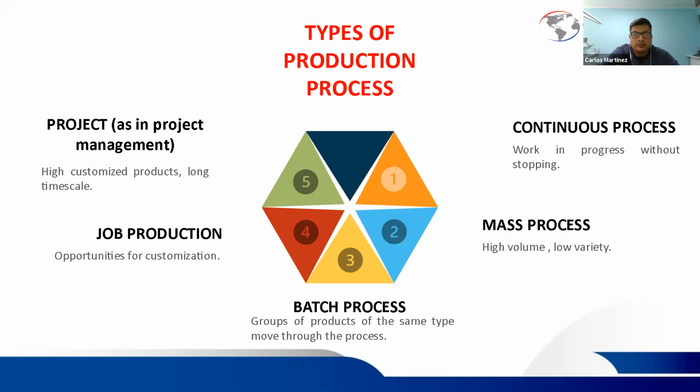So notice we went from 1 to 5, from big numbers, low variety, and quick time, to long time, long process, but the products are highly customized. That means that they are totally individual. They're made for a specific person or group of people.